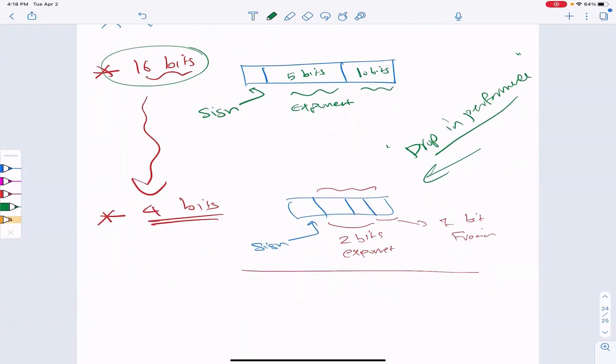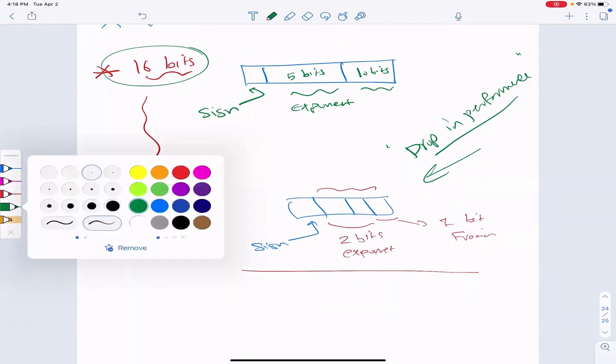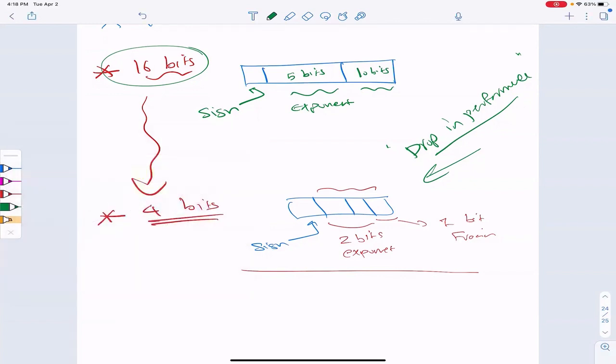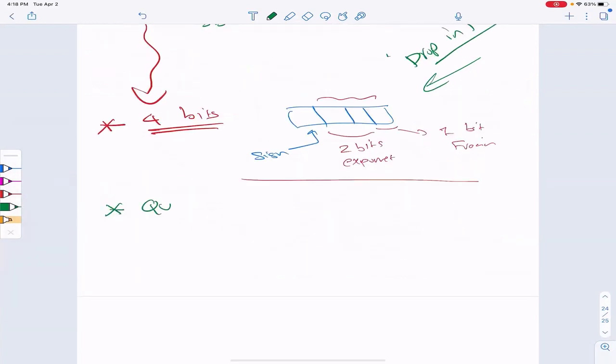But maybe reducing the precision the way that we are doing is not the right way. Because of that, people have started to think about quantization instead of just reducing the precision. So quantization, the idea is basically compression. You are storing your weights in a compressed fashion, hopefully with as little information loss as possible.